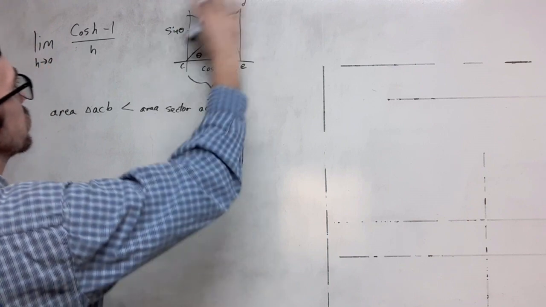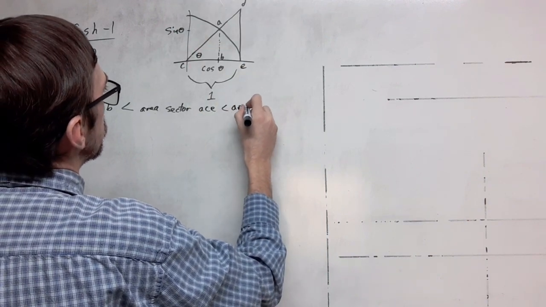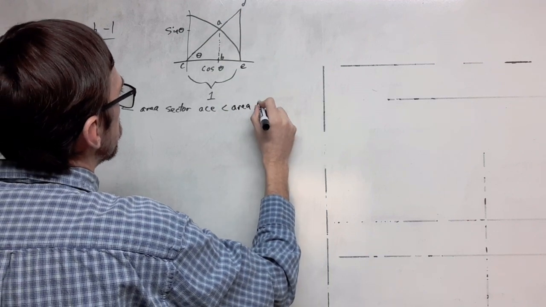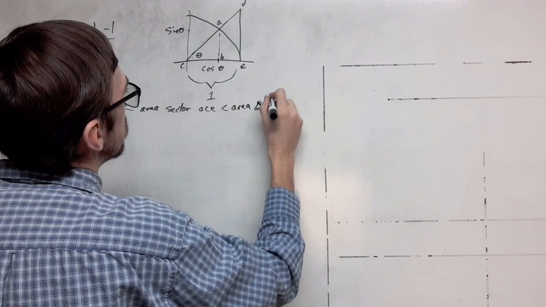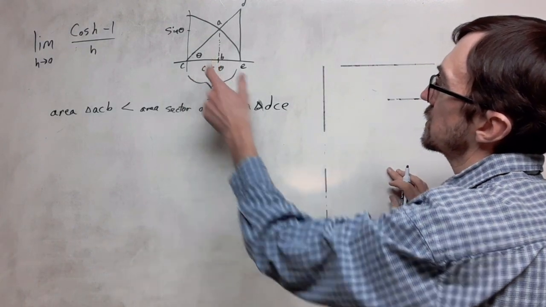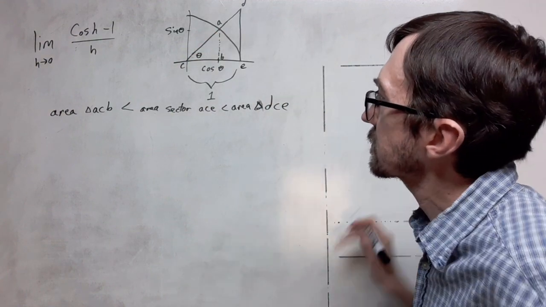And that's going to be less than this larger triangle DCE. So the area in here is smaller than the area here, which is smaller than the area there.